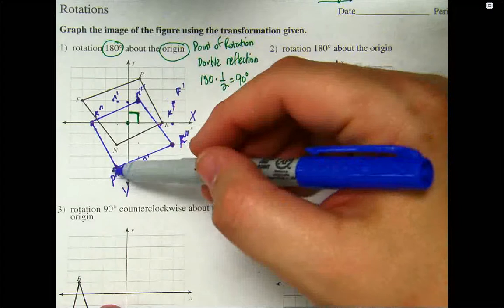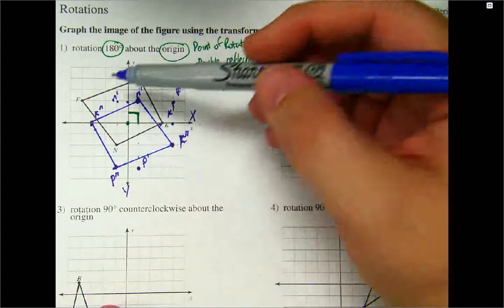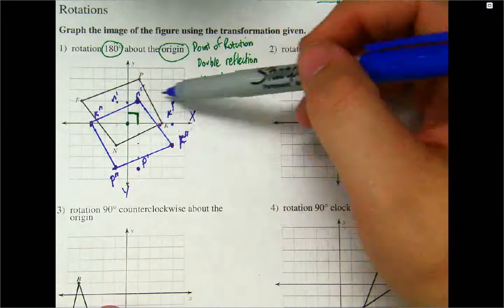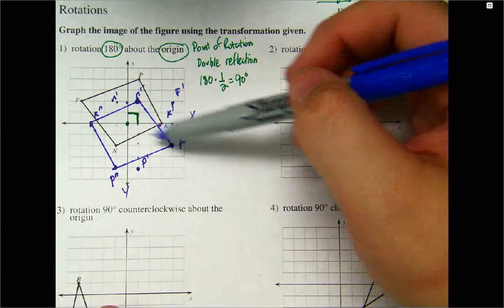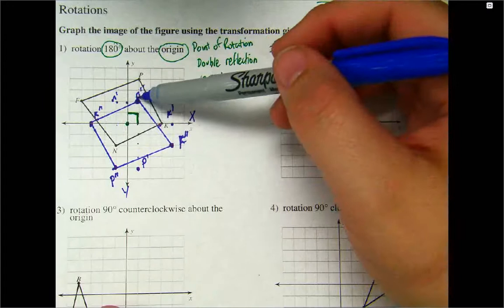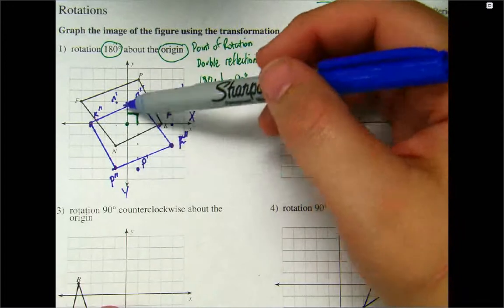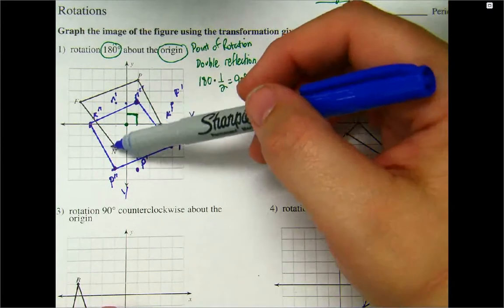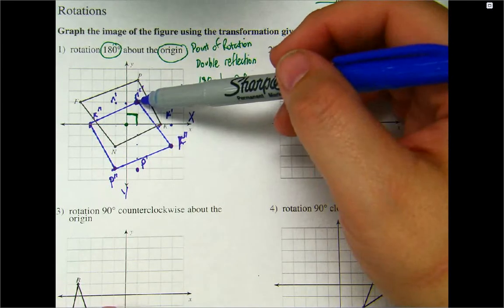There's F double prime ended up way over here. K was over here, K ended up over there, N was over here, N ended up over here. So you can kind of see how everything rotates through.